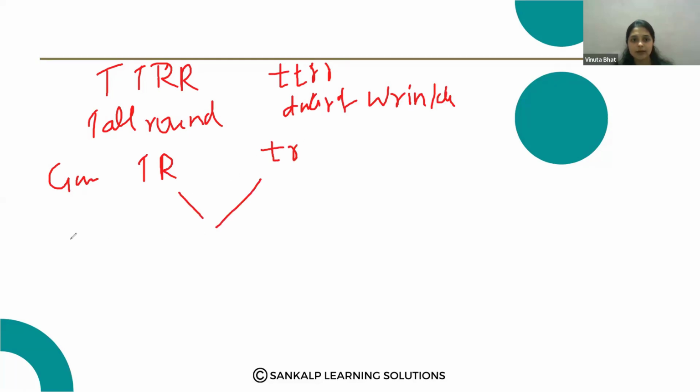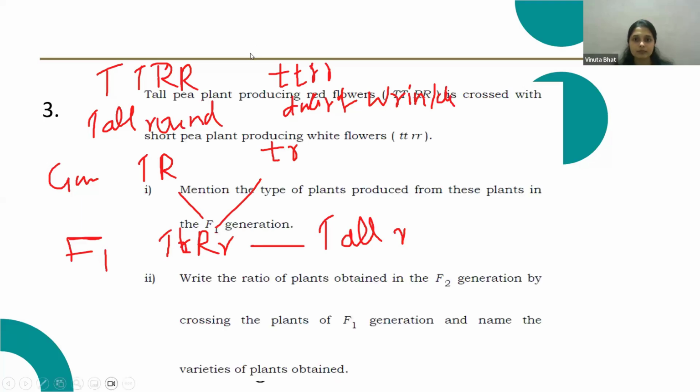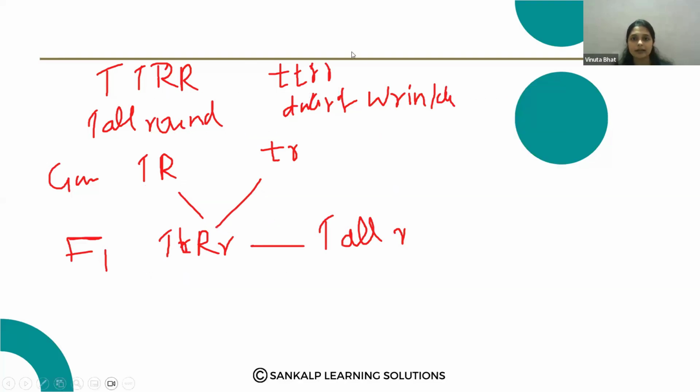So F1 plants, capital T, small t, capital R, small r. So all are tall, sorry, here a red color, not red, round and wrinkle seeds here.